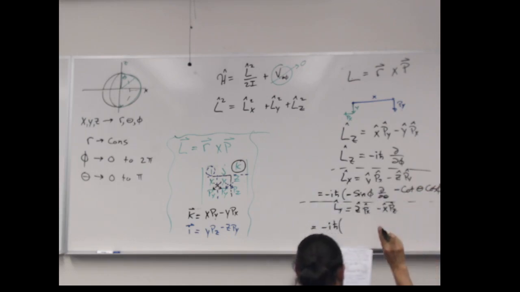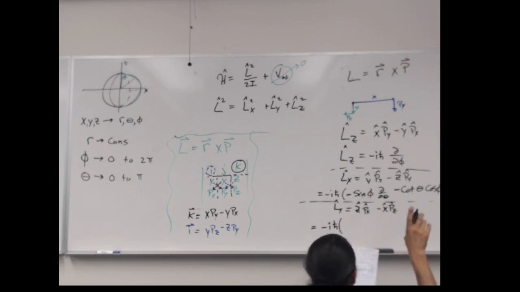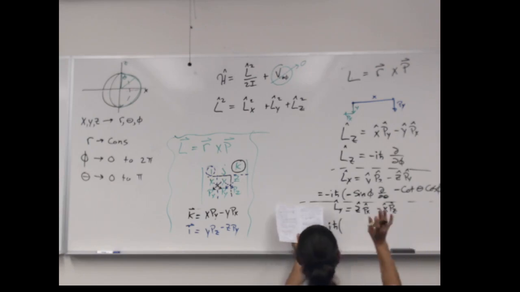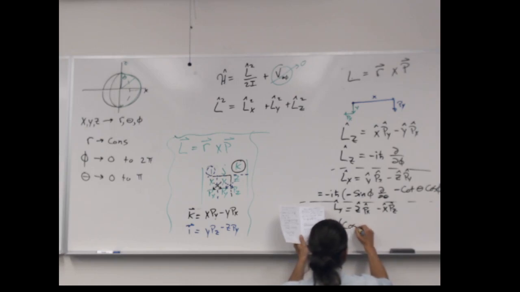Double checking: sine phi d by d theta minus cotangent theta. Okay, cool. And the reason that's important is because we have some parallels.